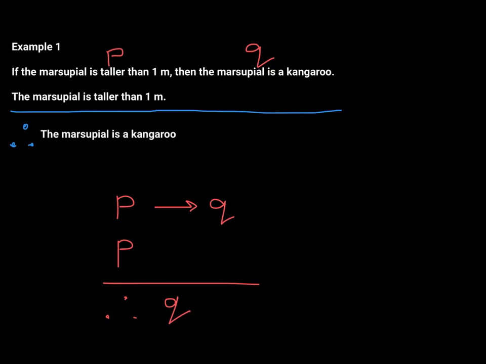If you can identify that the argument that you're given is an example of the law of detachment, remember this is the law of detachment, then you can conclude, I have a valid argument. So we know we have a valid argument here.